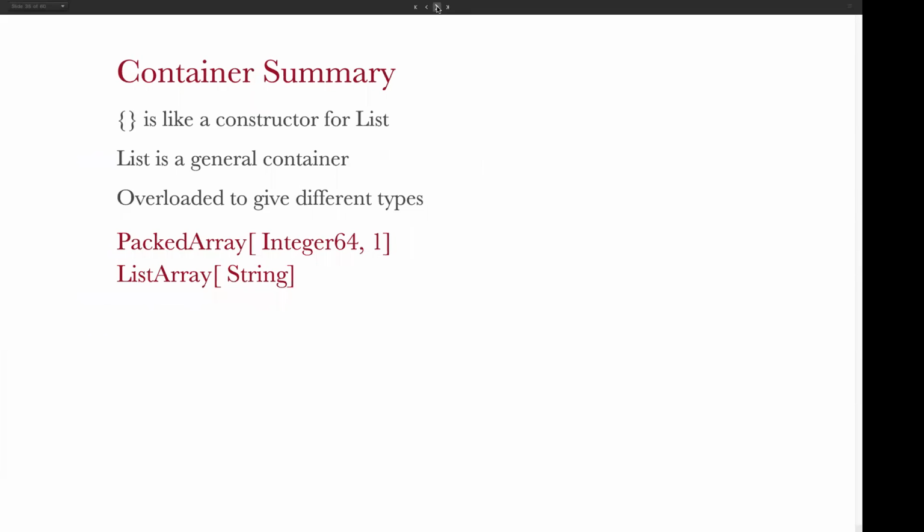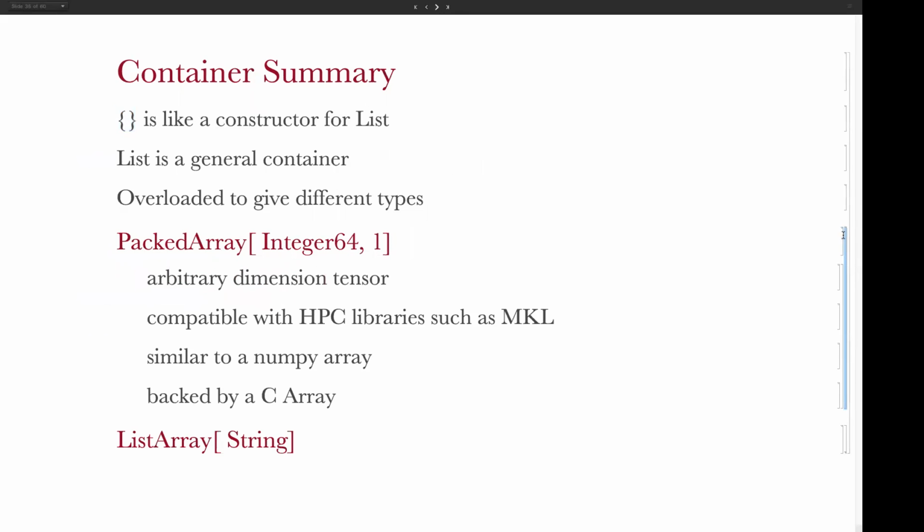We've designed this, we've overloaded the list constructor to give different types for different inputs that we found useful. So the packed array type, here we were doing Integer64 with rank 1, but this could be a matrix or something. It's designed to be an arbitrary dimension tensor that's compatible with numerical libraries. It's like a NumPy array, or R must have a similar thing.